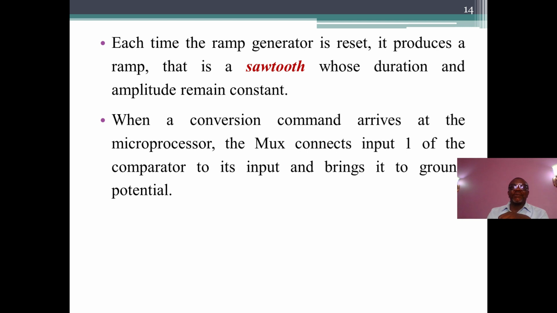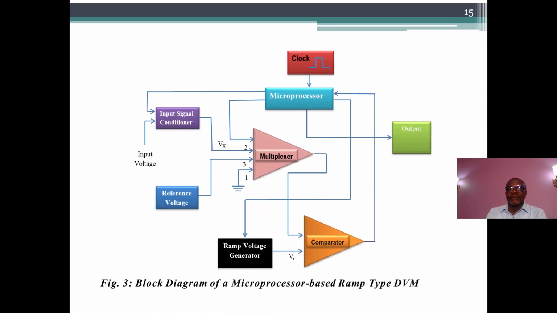So anytime we refer to a waveform as a ramp, it means we are talking about a sawtooth waveform. So when a conversion command arrives at the microprocessor, the multiplexer, which is abbreviated MUX, connects input 1 of the comparator to its input and brings it to the ground potential.